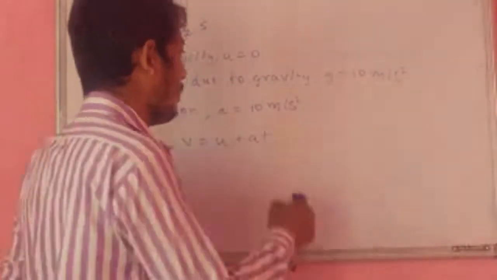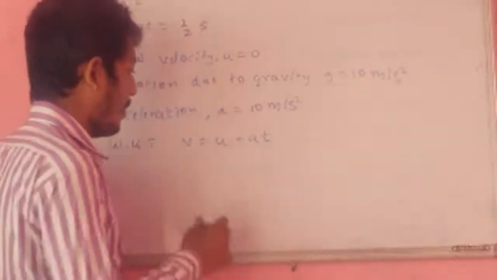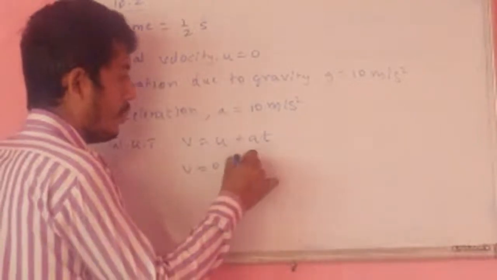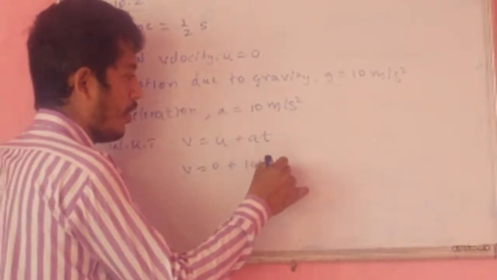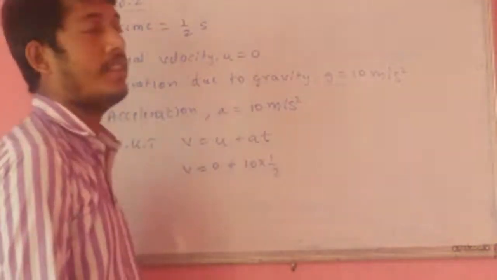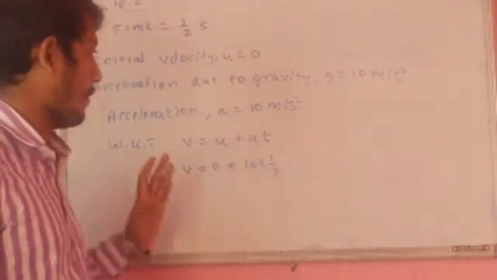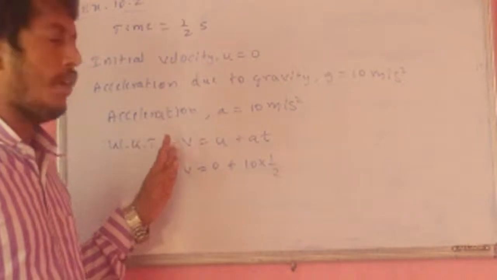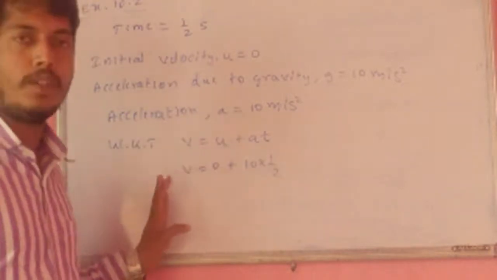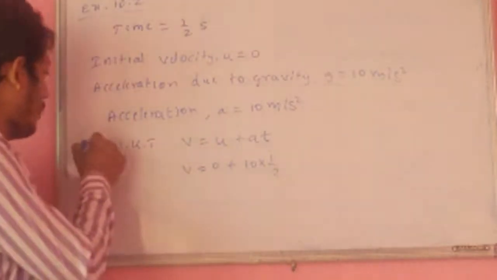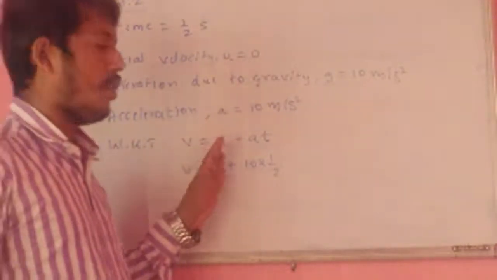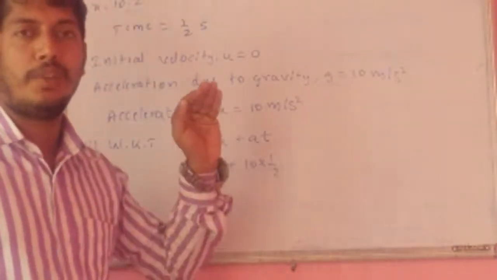So I will substitute here: v equals 0 plus 10 into half. What is the value of the final velocity? Just do the calculation and comment with the answer. We have v equals u plus at. The final velocity we have to find in the first sub question. The initial velocity is 0 because the object is initially at rest.